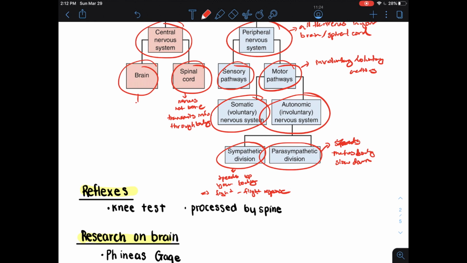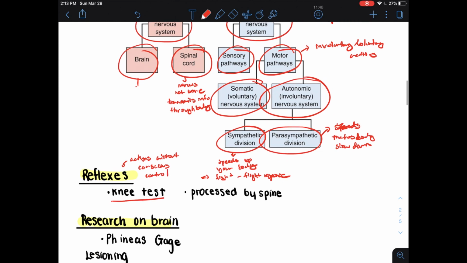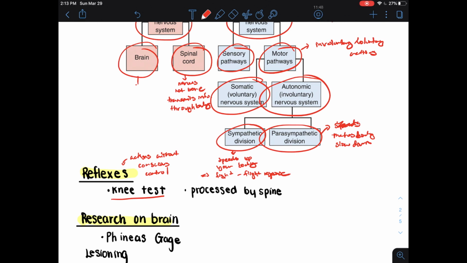And then we have reflexes. Reflexes are actions that happen without your conscious control. A way to test your reflexes is through the knee test. When you hit the knee in a specific area, it will jerk without your control.